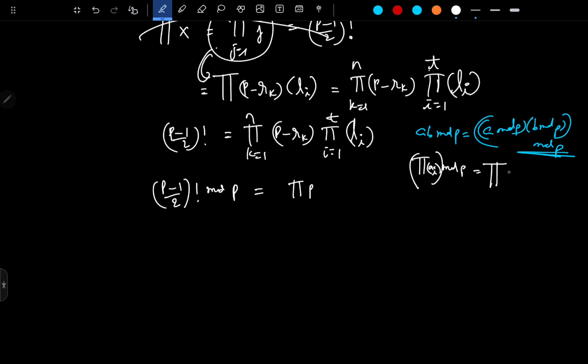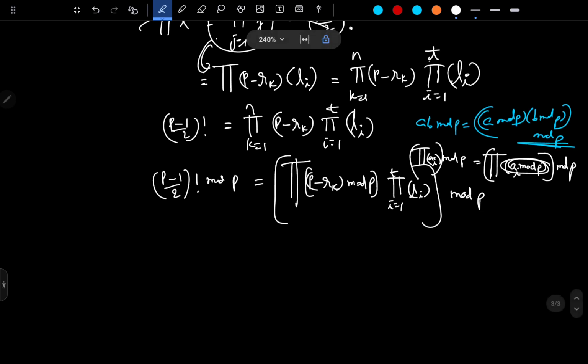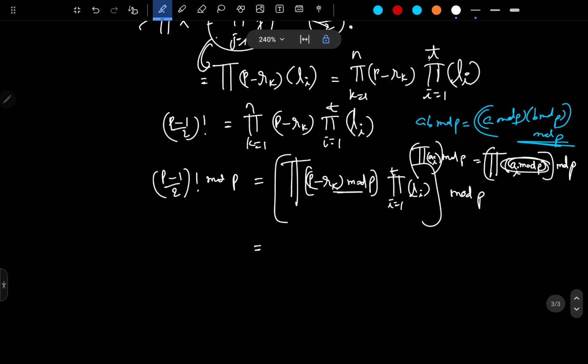I can write phi of a into mod P, of course mod P. So P minus rk, whole into mod P. So what will happen?